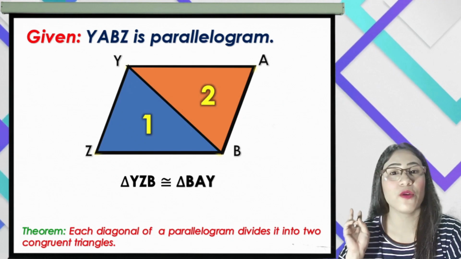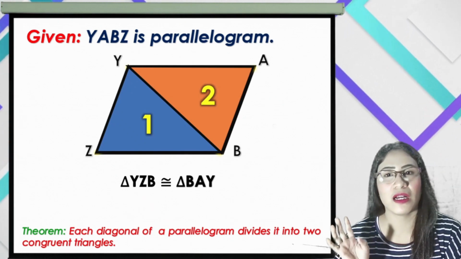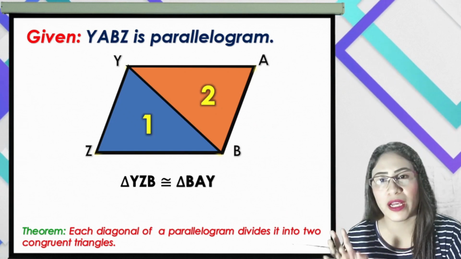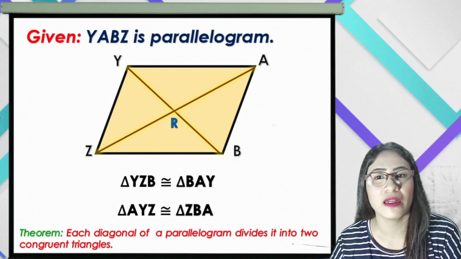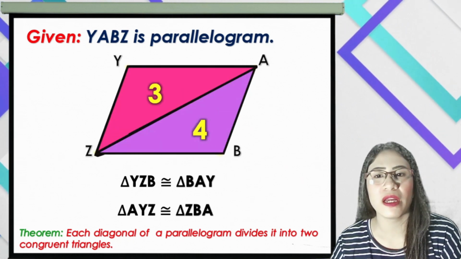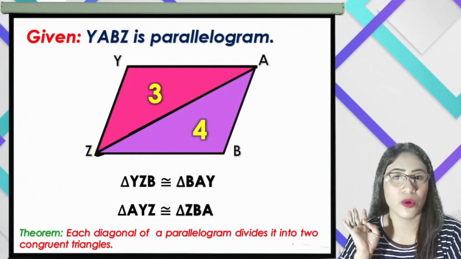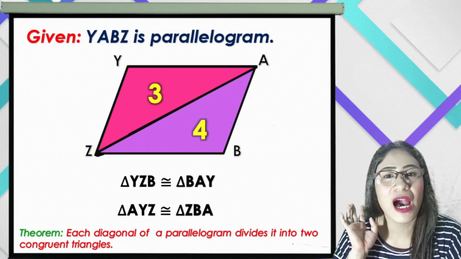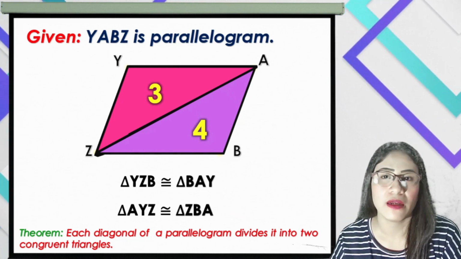They are the first pair of congruent triangles. Another is triangle AYZ, which is congruent to triangle ZBA. They are another pair of congruent triangles.